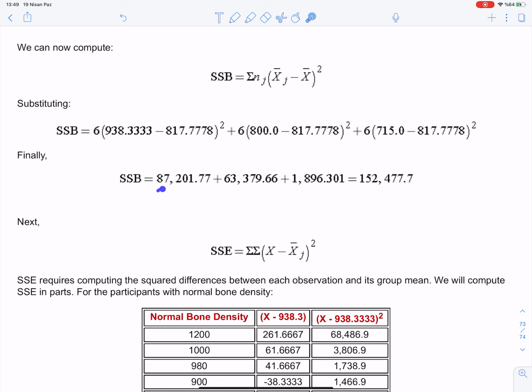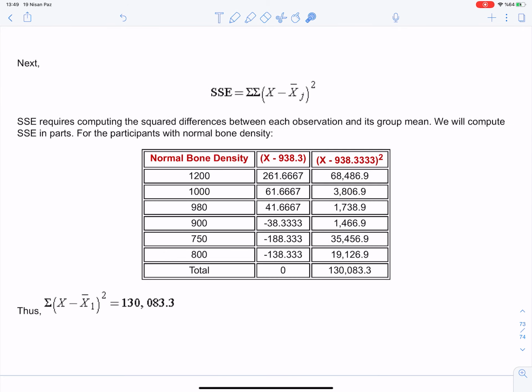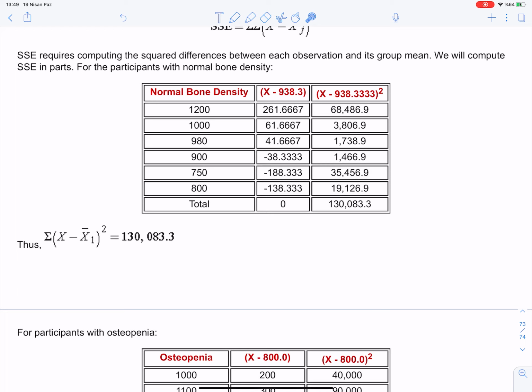Okay, in the end, the calculation leads to 152,477.7. Sorry, this is the treatment sum of squares. For the sum of squares of the error for this type of data set, it takes time because you have many digits.